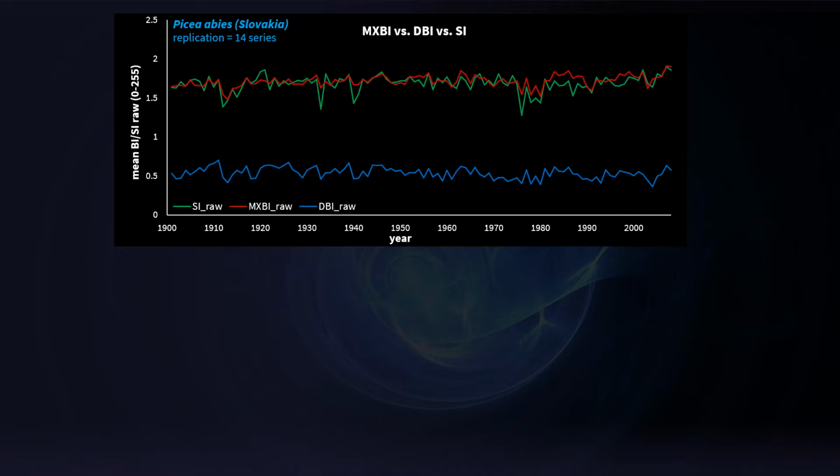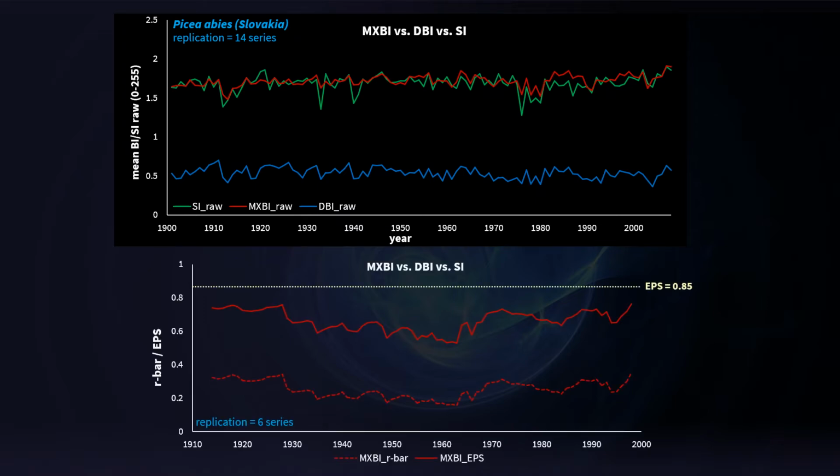Particularly notable is that in years with very pronounced negative extremes, the surface intensity has considerably lower values. So hopefully this is a good sign that we're doing a better job of capturing these negative extremes.